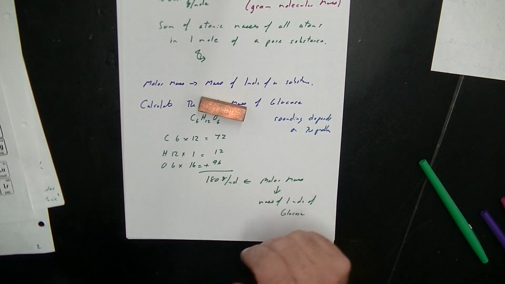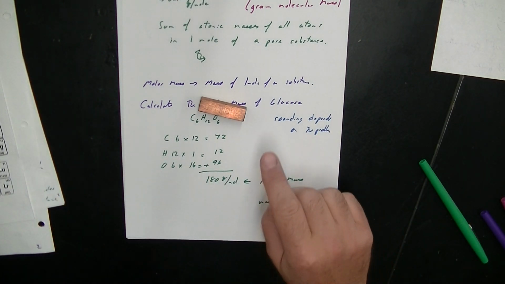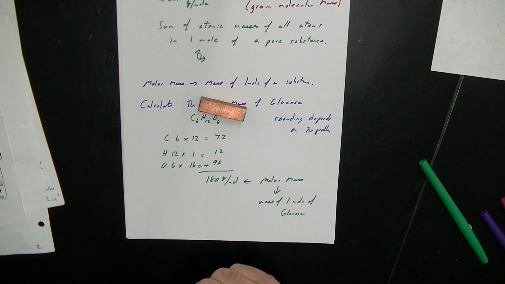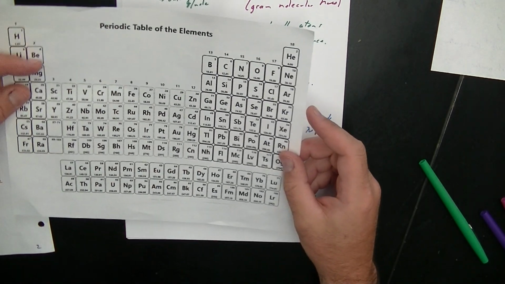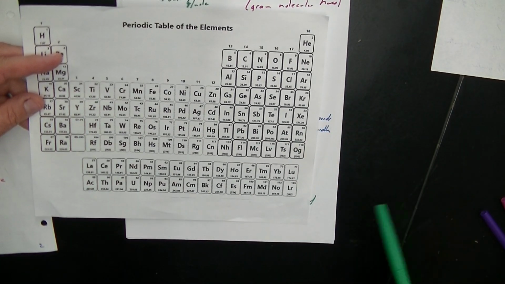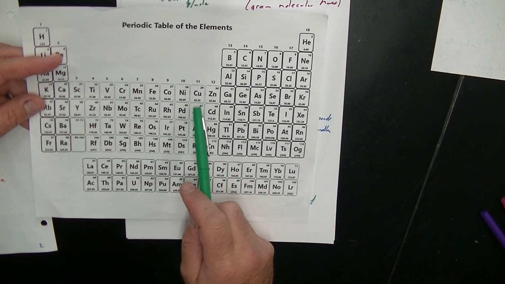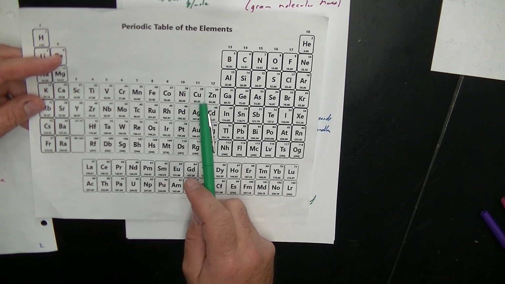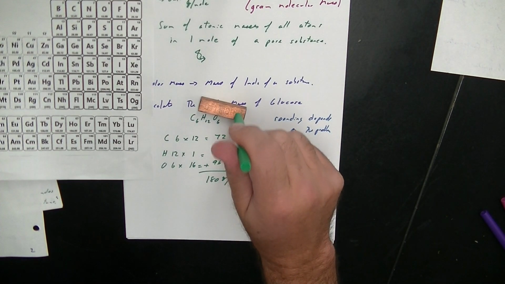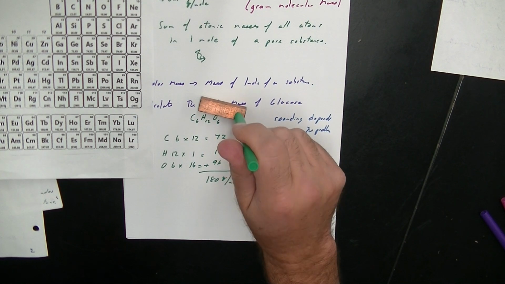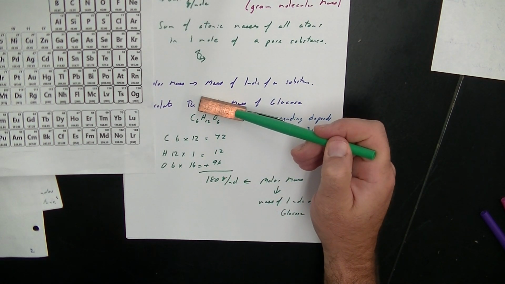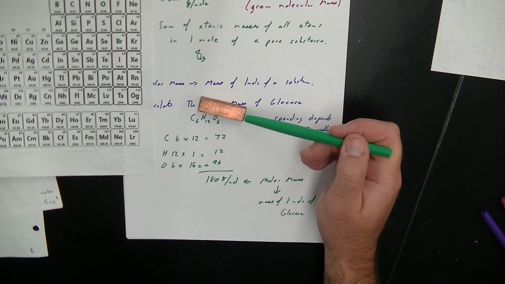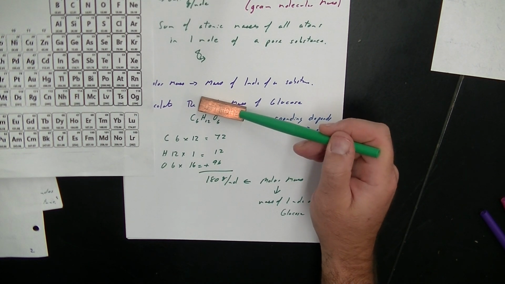Well, what's the mass of that copper? The mass of that copper is the GFM of copper. To get that GFM, or the molar mass of copper, here it is. It's 63.55 grams per mole. So if I measured the mass of this, it would be 63.55 grams, which would equal 1 mole of copper.